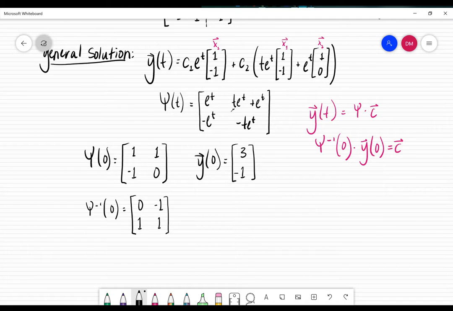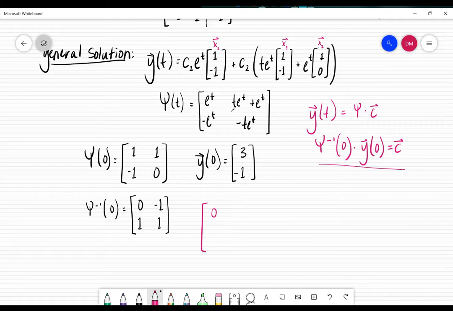The determinant on this psi matrix was just 1, so it makes it a little easier there to invert. You do have to remember the rule to inverting. With 2 by 2, it's obviously a little easier than 3 by 3, but that does make your job a little bit easier, because then if we're going to follow our rule here, we're taking the inverse of the psi matrix multiplied by our initial value matrix here.